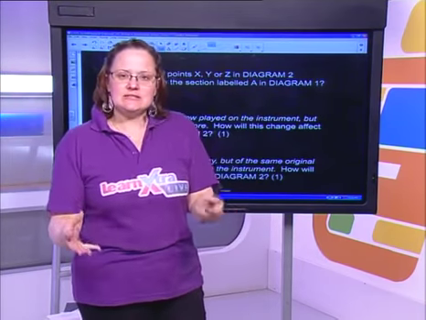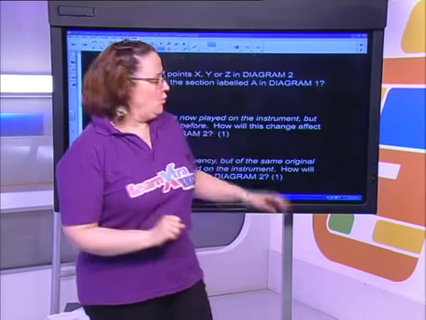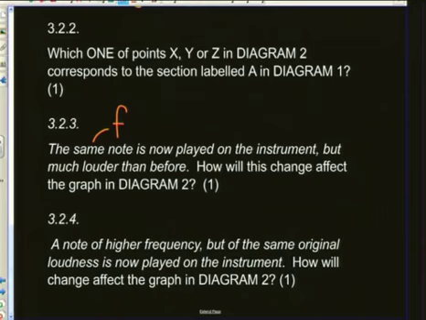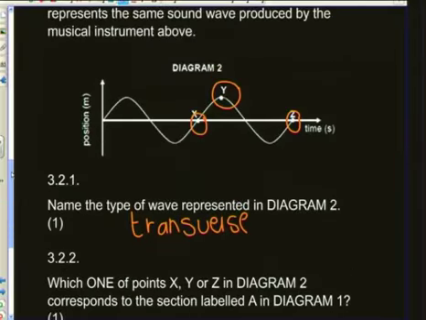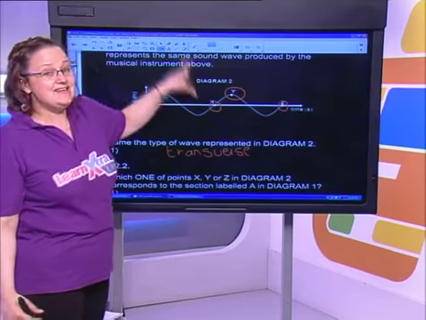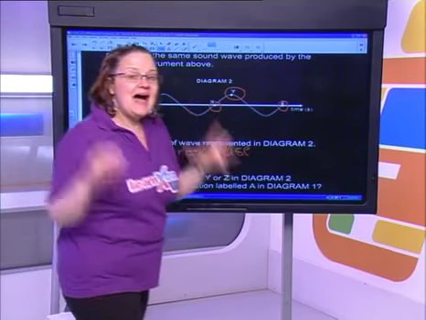Decibels, it's louder, okay? Loudness is amplitude. What they're wanting to know is whether you understand how this changes. Now, what that means is on your diagram 2, your amplitude will increase. Loud noises have big amplitudes. Soft noises have small amplitudes.